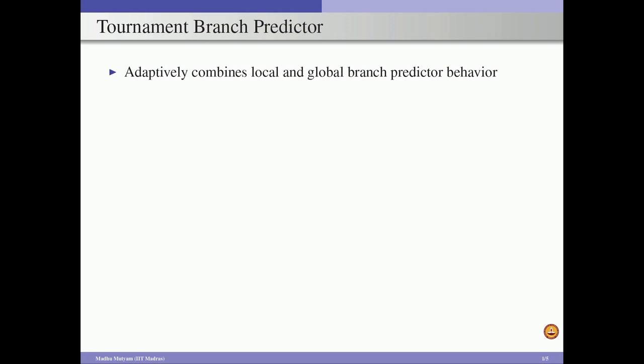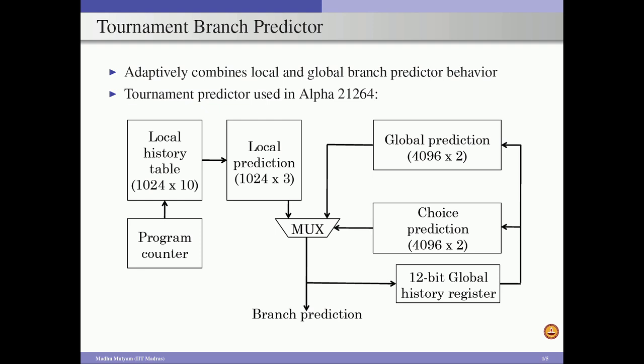So, effectively it combines both the local and the global branch predictor behavior to come up with a better accuracy prediction mechanism. This is implemented in the Alpha 21264 processor, and after that several other processors also used a variant of this tournament branch predictor mechanism.